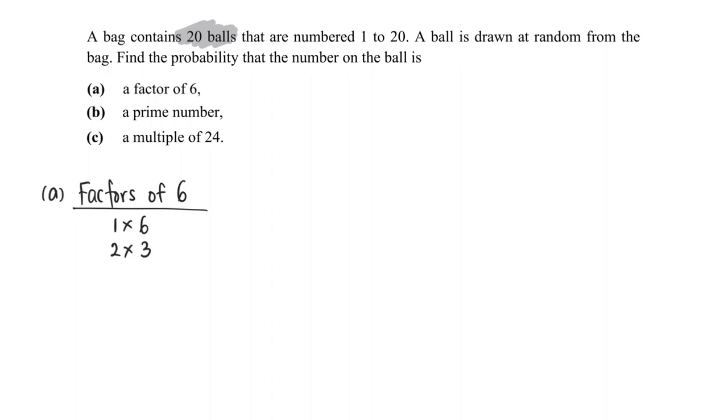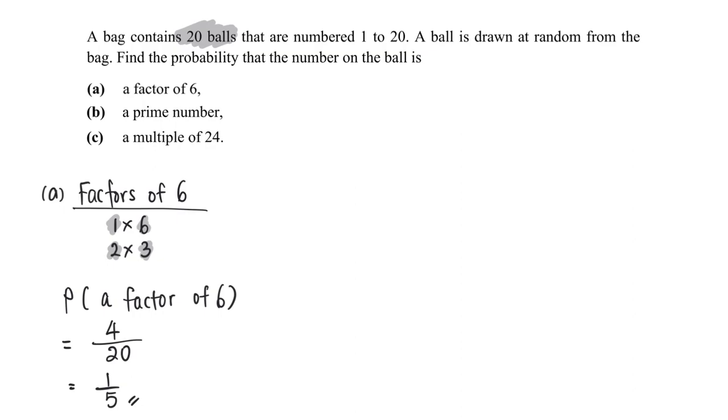So out of the numbers 1 to 20, there are 1, 2, 3, 4. 4 numbers that will be factors of 6, meaning that the probability that it is a factor of 6 will be 4 out of 20, and that will be 1 over 5. Done.